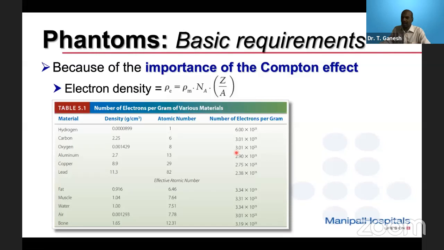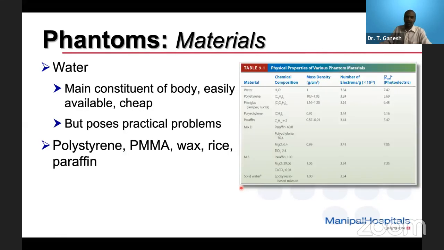Mostly it is around 3 or less than 3, and for hydrogen it is double that, whereas for tissue materials it is mostly around 3 to 3.3. So we need to choose a phantom material that has an electron density exactly like the tissues.